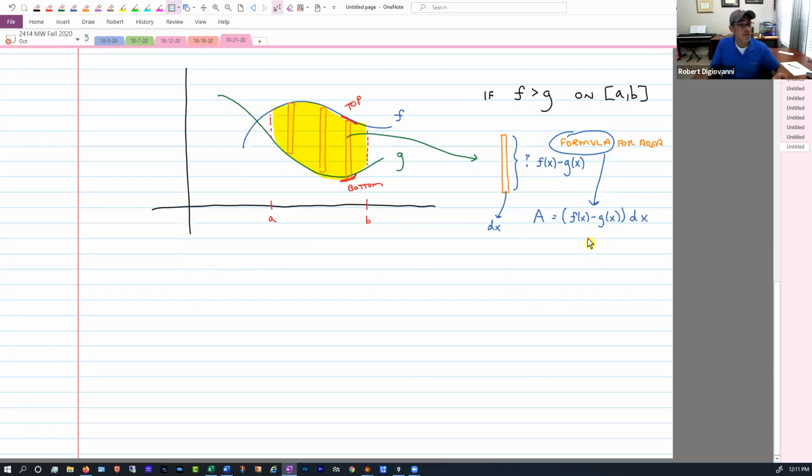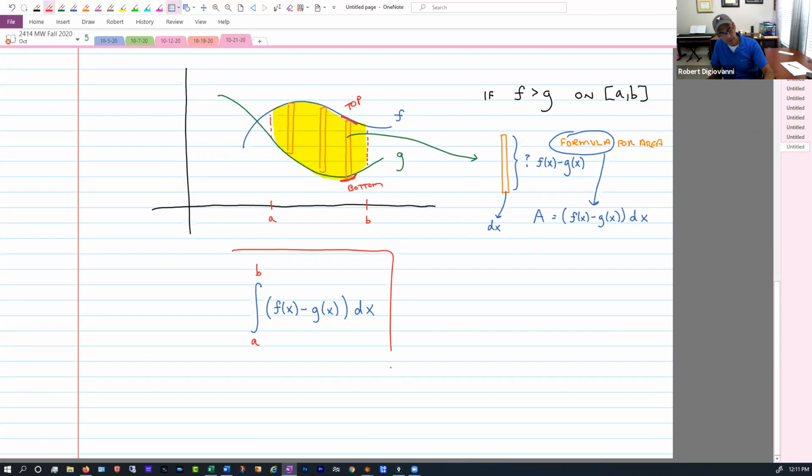And now what do we want to do? If we have a formula for one of them, we want to add up an infinite number of them. So we want to do the integral of that formula and vary the value of x between a and b.